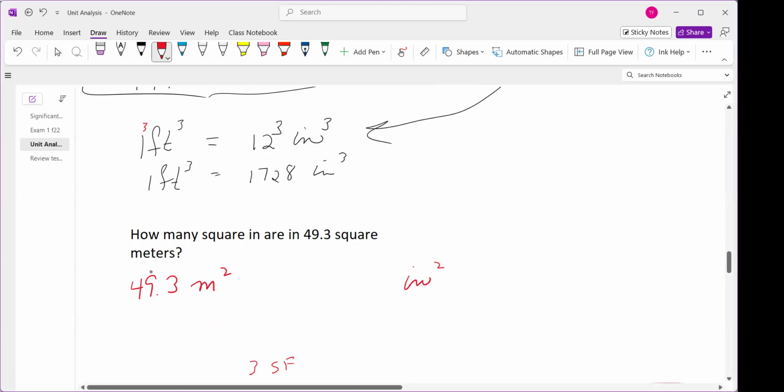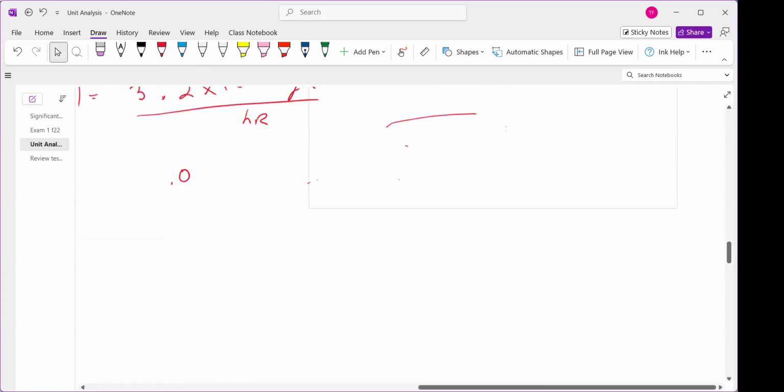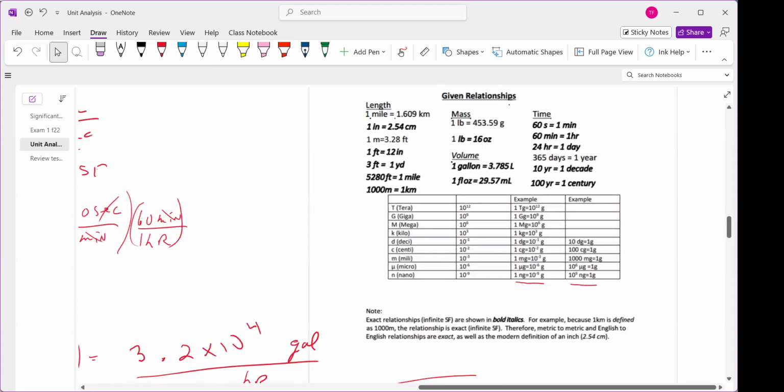Okay, so there's a conversion to go from meters to inches. And what is that? Does anyone see where we go? A direct conversion?